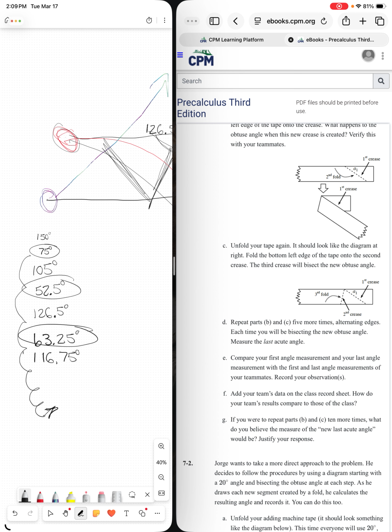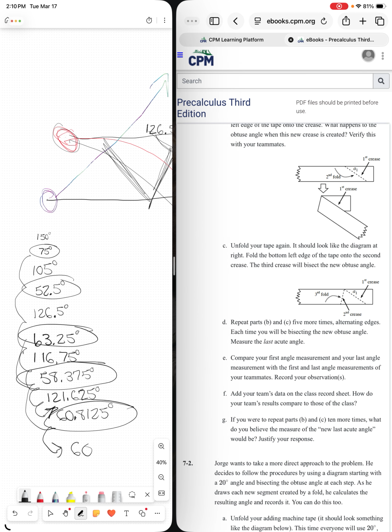We cut that in half and get 58.375. Then the big angle will be 121.625. We'll cut that in half and get 60.8125. We should see we're getting closer and closer to approaching 60 degrees.